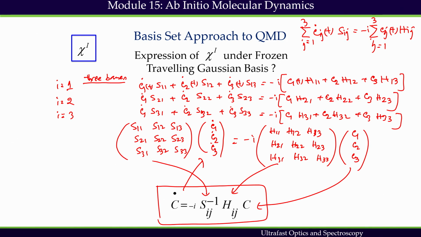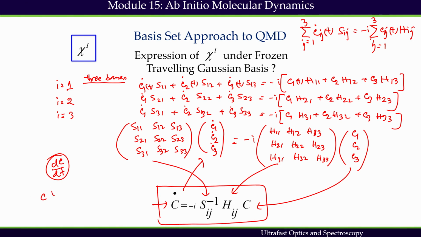So finally what we are getting is a value for dc/dt. And why do we need this value for dc/dt? Because if we want to propagate a particular state, the population is controlled by dc/dt.